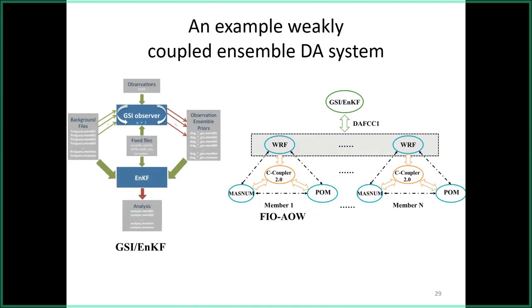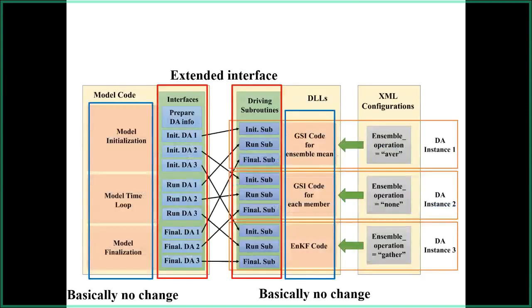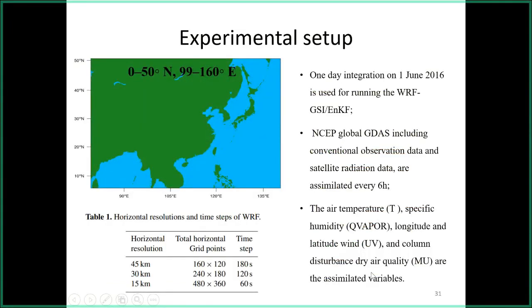So we developed an example weakly coupled ensemble data assimilation system based on this new framework. We just keep the model code and the DMSR code unchanged and developed the extended interfaces and also the XML configuration.